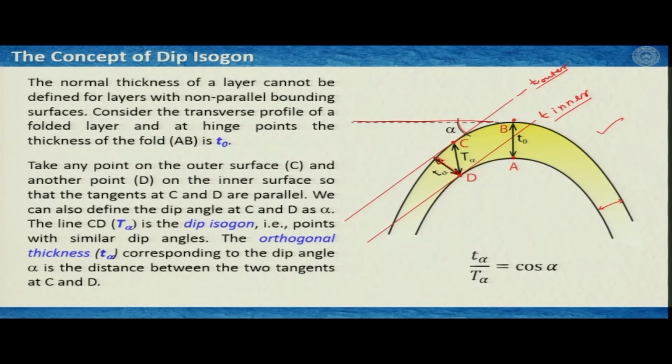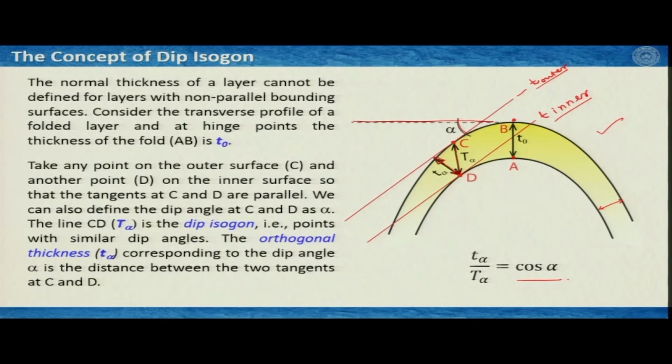So, at a particular angle alpha, it is the distance between the two tangents, in this case at C and D. If I connect these two points, C and D, where T outer and T inner are parallel, then I can assign the distance as capital T alpha. From the geometric relationship you can figure out that small t alpha divided by capital T alpha should be cos alpha.